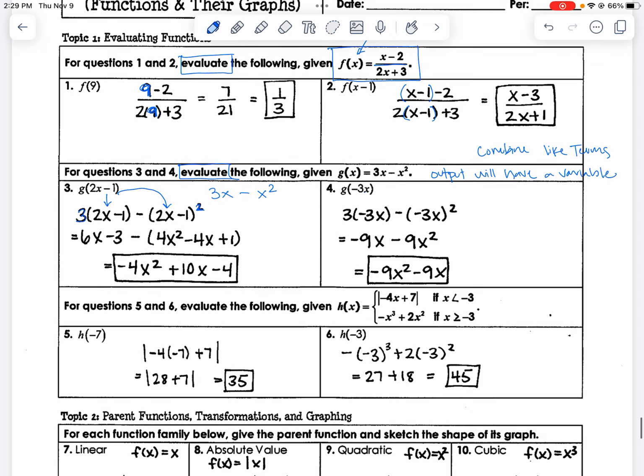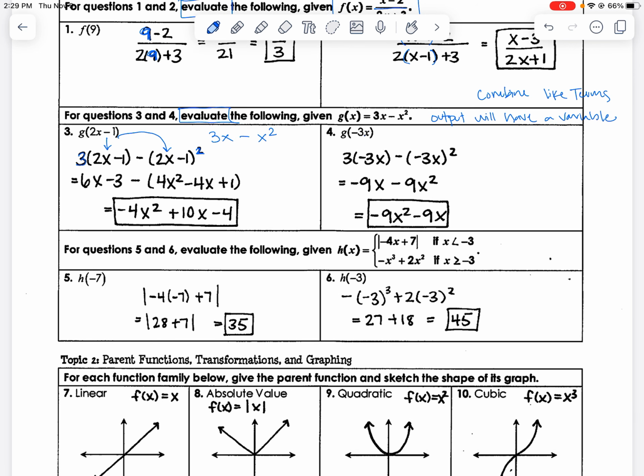Okay. You see that word evaluate again, but this time we're dealing with a piecewise function. And I want to evaluate, it's in 2 pieces. So the first piece is this top piece for all x's that are less than negative 3. The second piece is for all x's that are greater than or equal to negative 3.